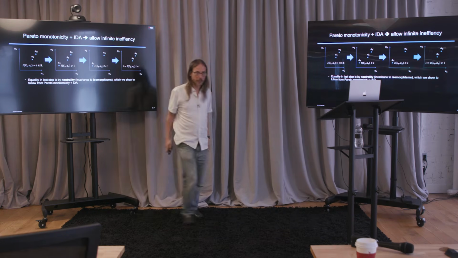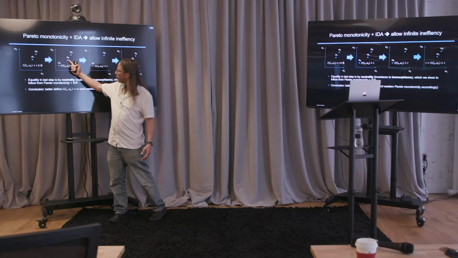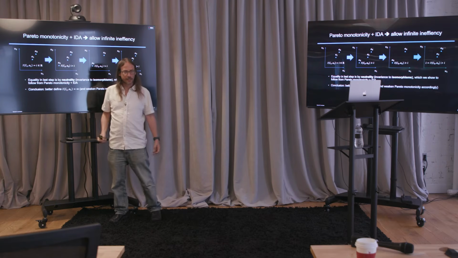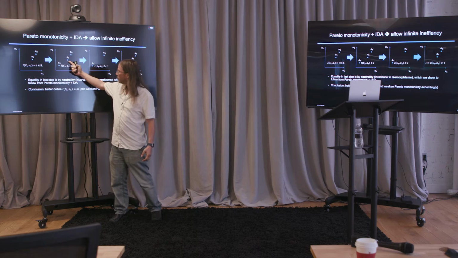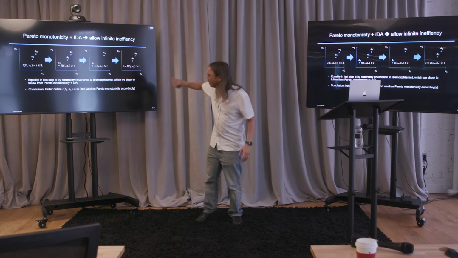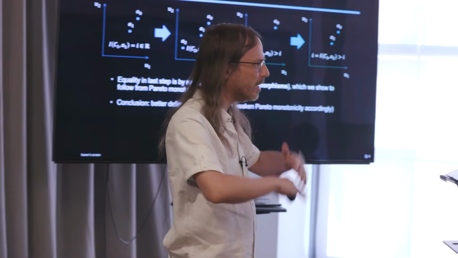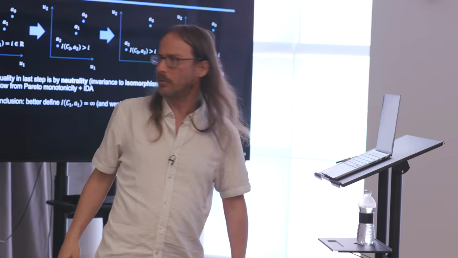That shouldn't change anything. So what we chose to do instead is to say, well, let's call this inefficiency infinity, which means that here we have inefficiency infinity and infinity here, even though this should be greater than this because of Pareto monotonicity. But fine, let's squint at it and say if both are infinity, that also satisfies Pareto monotonicity.